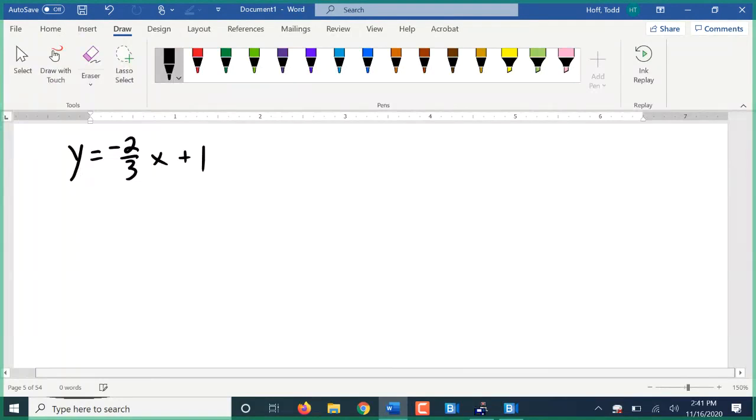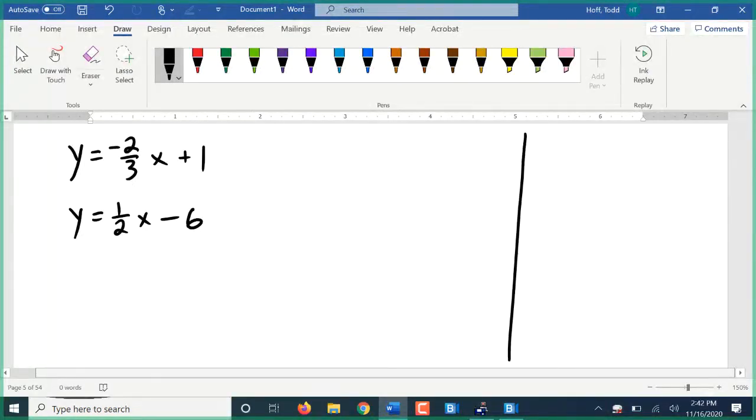We're going to do y equals 2/3 x plus 1. And y, or negative 2/3 x plus 1, I should say. And y equals 1/2 x, let's do minus 6.